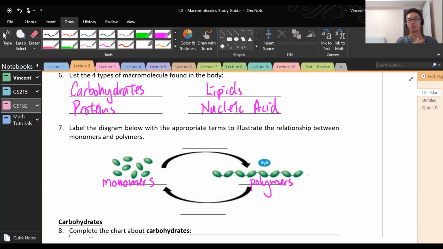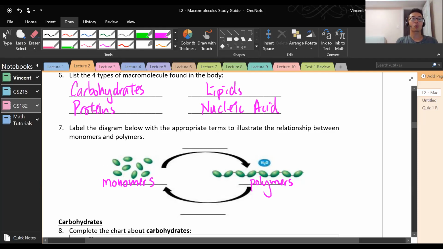Nylon is a polymer. In general, polymer just refers to a very long chain of molecules that consist of repeating units. So in a biological system, the carbohydrates, the proteins, and the nucleic acids are polymers. Lipids, not so much.